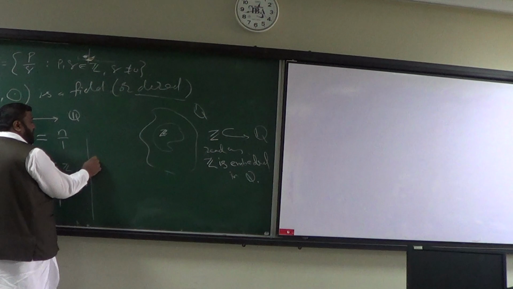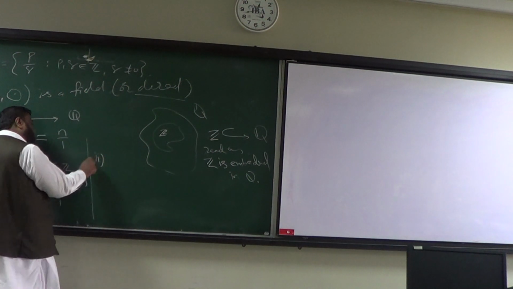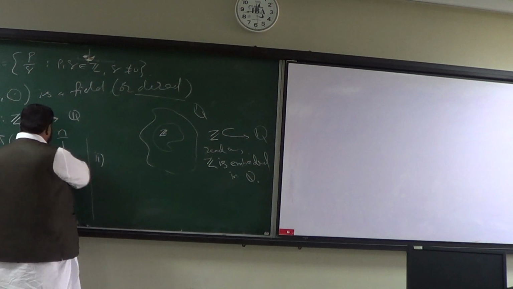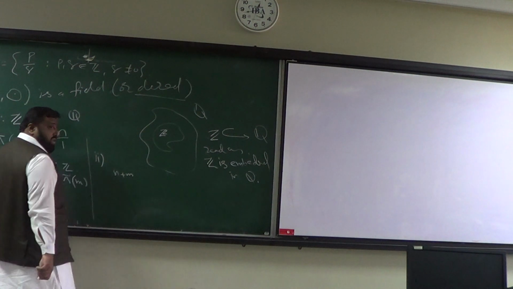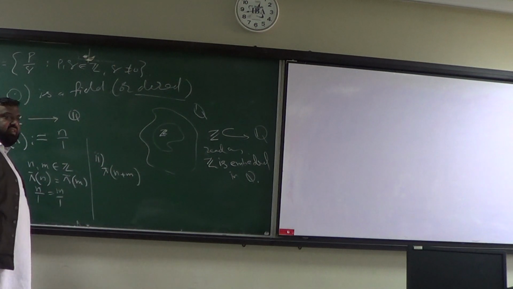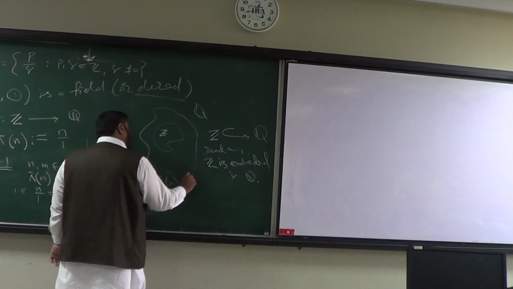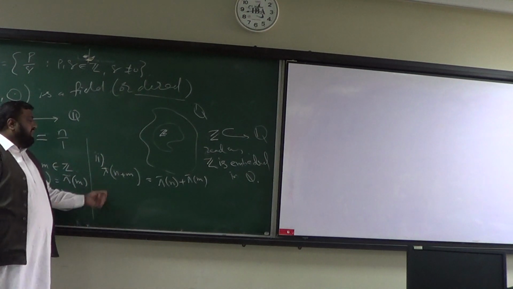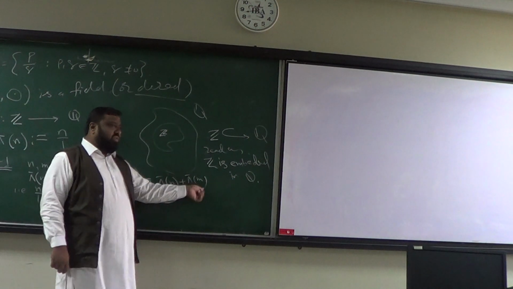That's the first property we need to verify. The second property is that if you take two integers, n and m, and add them and consider the class of the sum, it should be the same as pi of n plus pi of m. In other words, the class corresponding to this sum should be the same as the sum of the two classes.